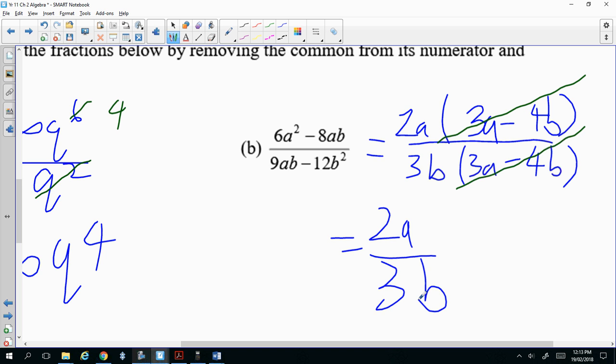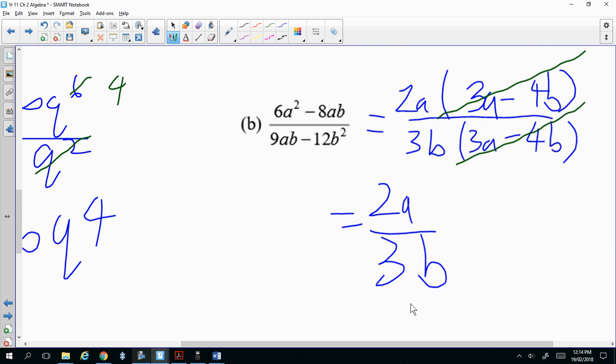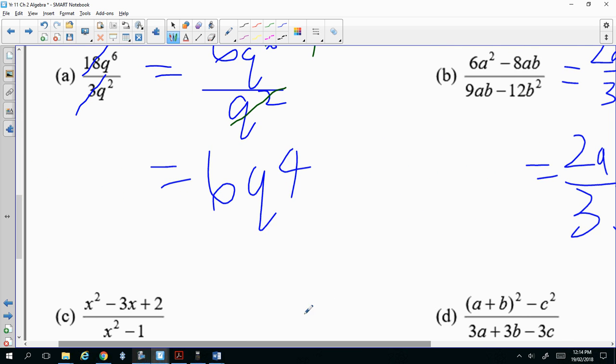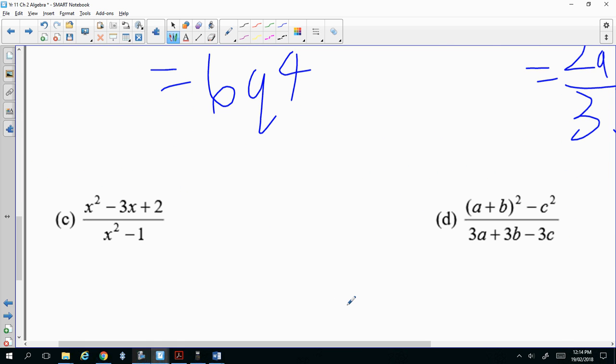Okay, very similar for the next two examples. Have a try. Try C. You have to factorize a quadratic. Okay, how do I factorize?